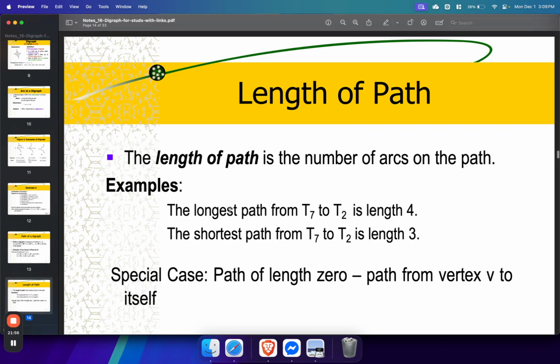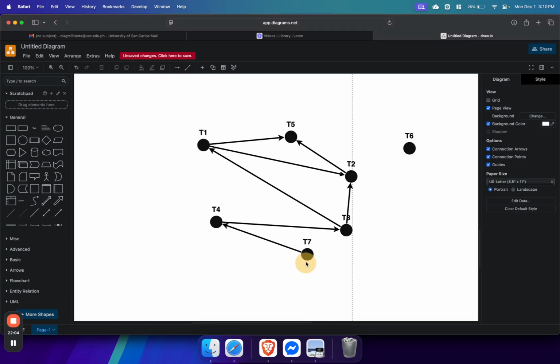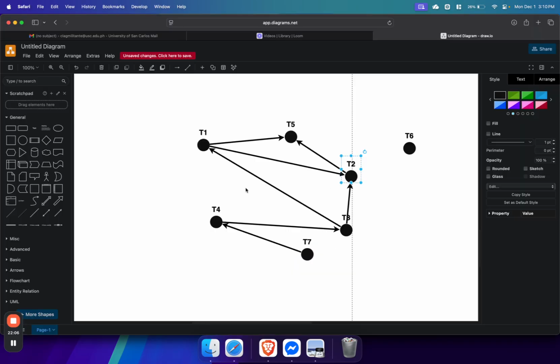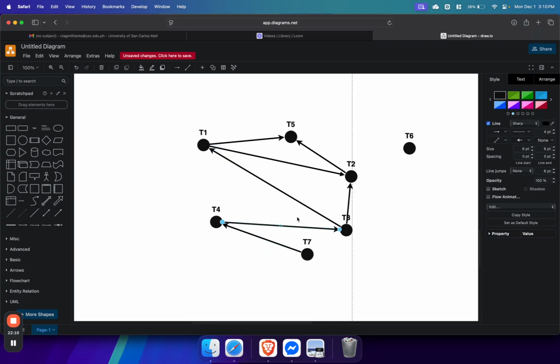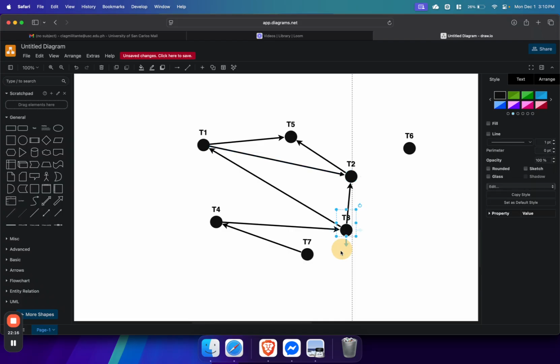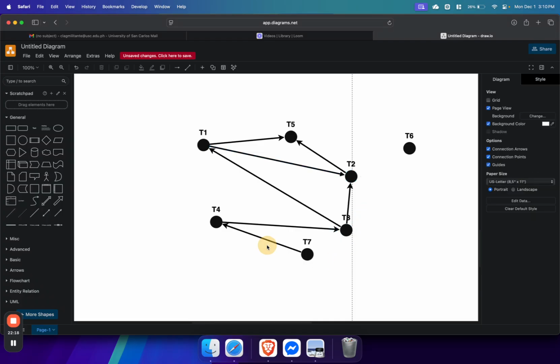The length of the path is essentially the number of arcs on the path. So, igo rata mag-count og mga lines. So, from T7 to T2 using the T1 route, we count 1, 2, 3, 4. From T7 to T2 using the T3 route, it's 1, 2, 3.